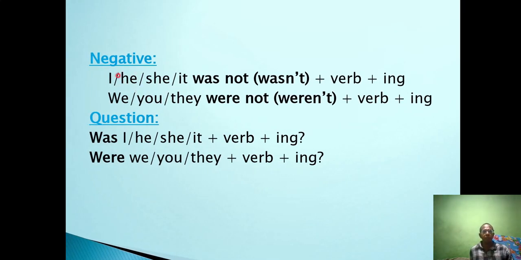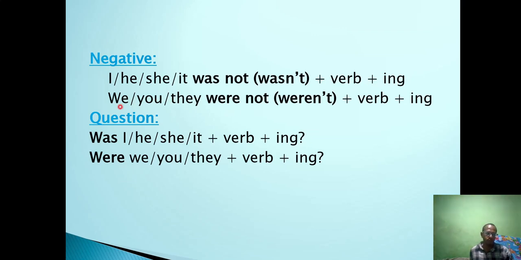And how are we going to make negative sentences using past continuous tense? If we have subjects like I, he, she, it, since they are singular, we use was not, or in brackets wasn't, plus verb with ing.